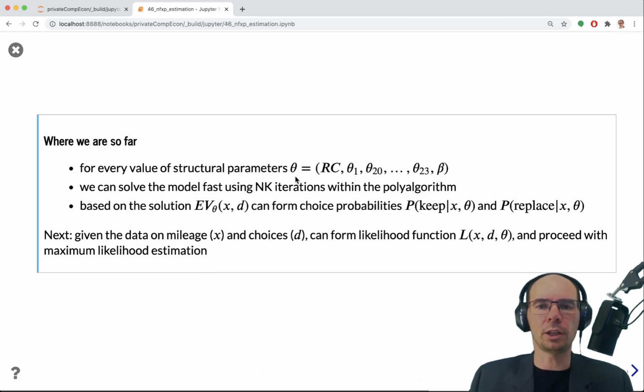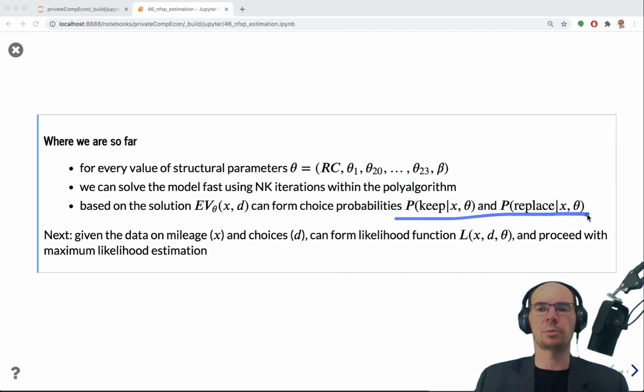So for each value of the structural parameter theta, we can solve the model using the combination of Newton-Kantorovich and successive approximations in the Pauli algorithm, which is really robust. And based on this solution, here's my subscript theta here, we can calculate or form the choice probabilities, the probabilities to keep and replace the engine.